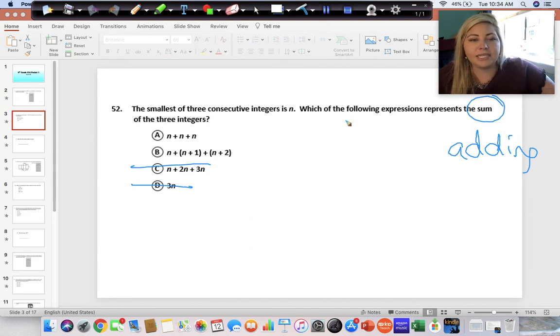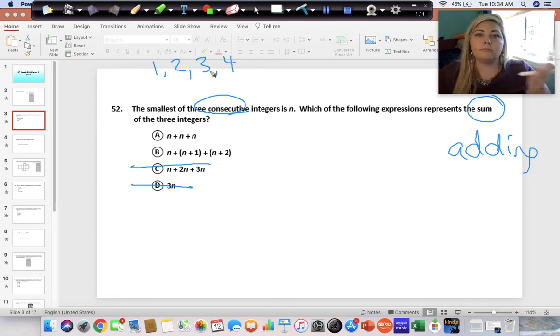When it says consecutive, that's also another big clue. Consecutive means like 1, 2, 3, 4. It's going in order. So if we have the same number written 3 times, that's not going in order. Let's pretend that n stands for something. Let's say that n is 1.